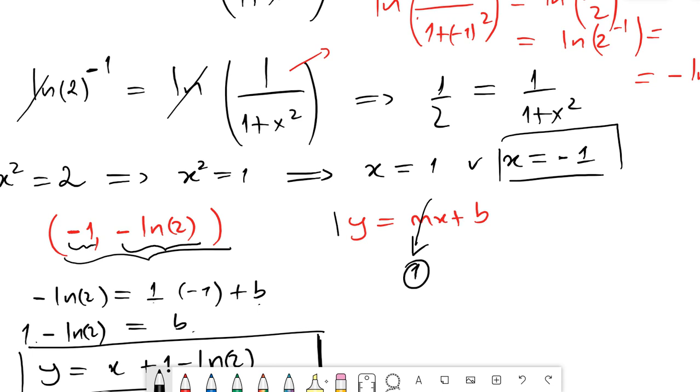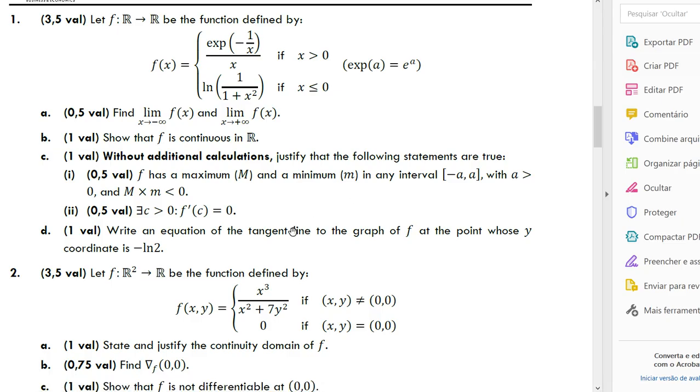And since they are asking for the tangent line, I have to take the derivative to find the slope, and then plug in the values. Write an equation of the tangent line to the graph of f at the point whose y is minus ln of 2, so we know that x is minus 1. We just have to find the tangent line.